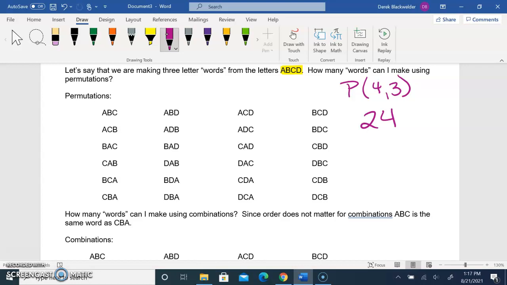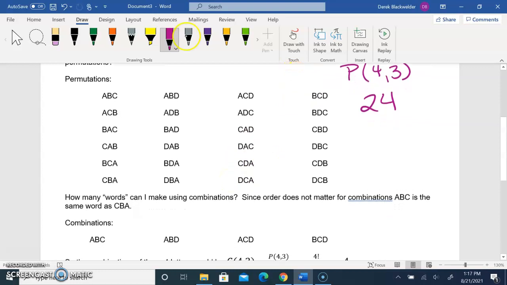But in a combination, order doesn't matter. So if I wanted to count the number of ways I could choose 3 letters from those 4, then basically this whole row, or column, I guess is more like it, would just be reduced into these letters. It doesn't matter if I have ABC or ACB, I just have those letters.